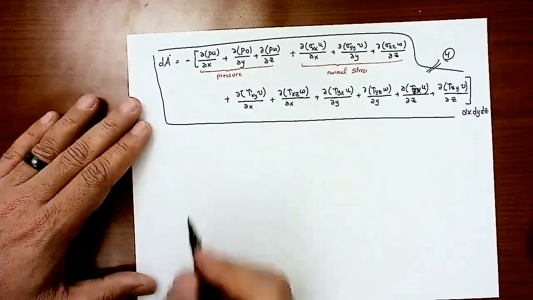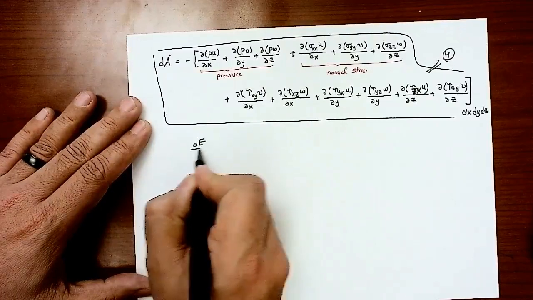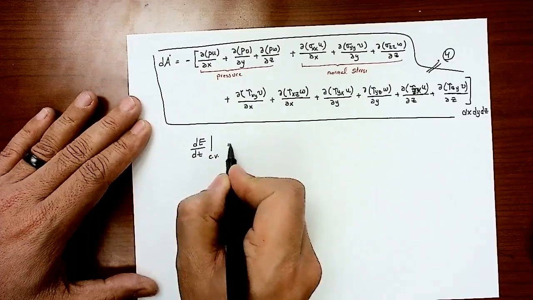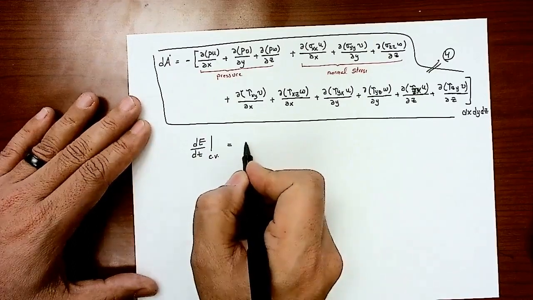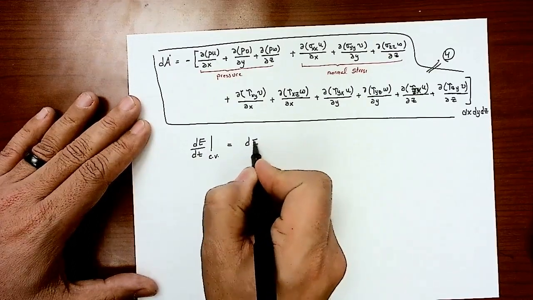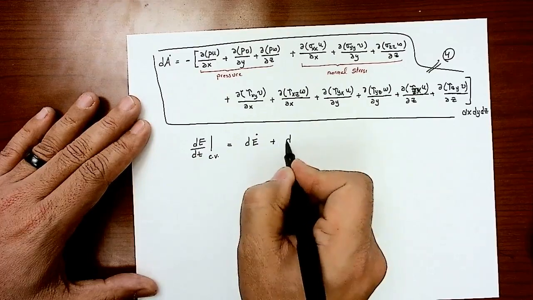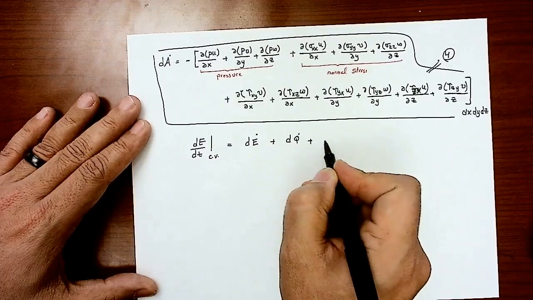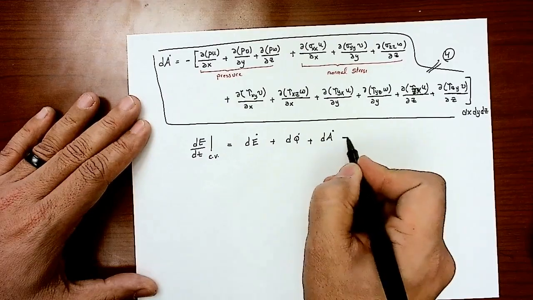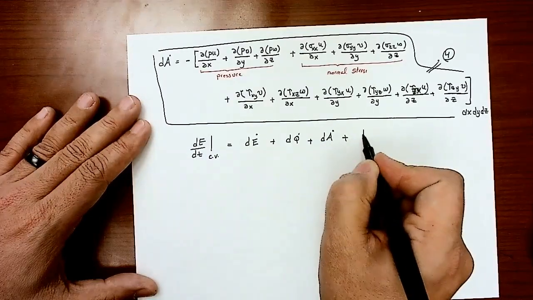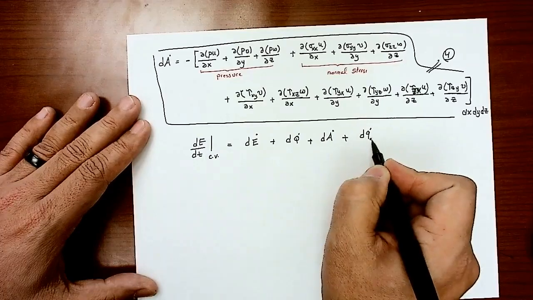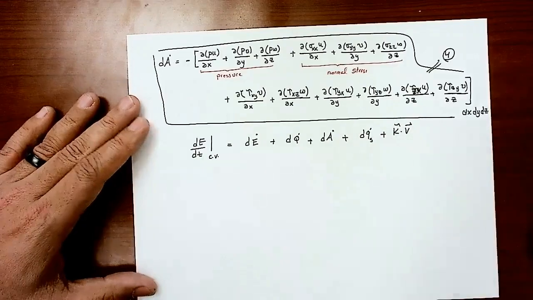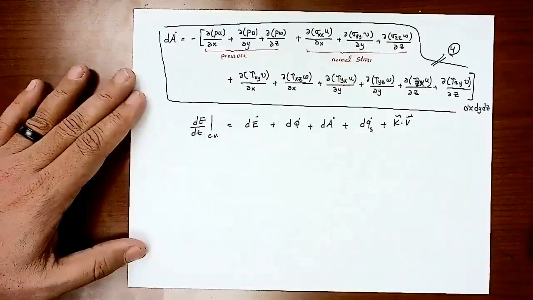So keep in mind, the equation was dE by dt over that control volume should equal to the dE dot plus dQ dot plus dA dot plus the heat source plus the body force work.